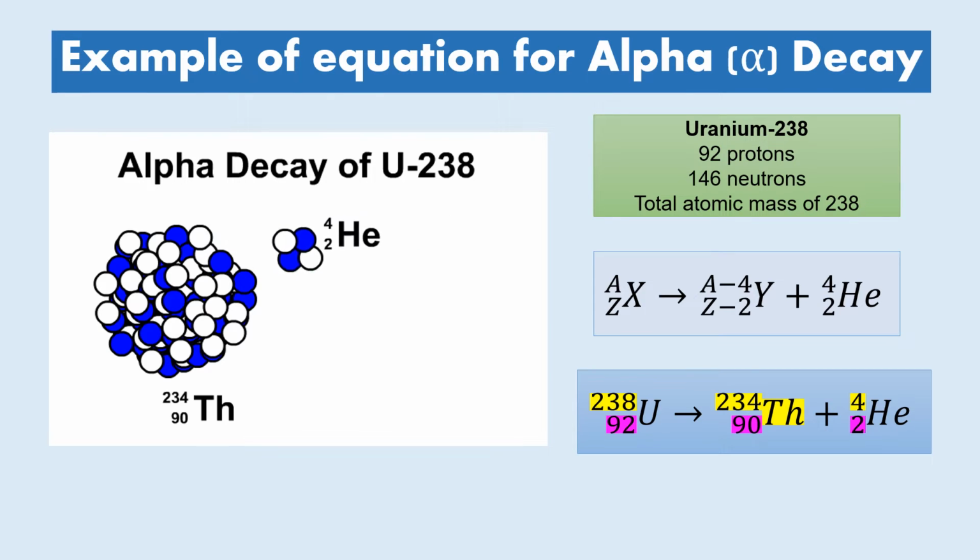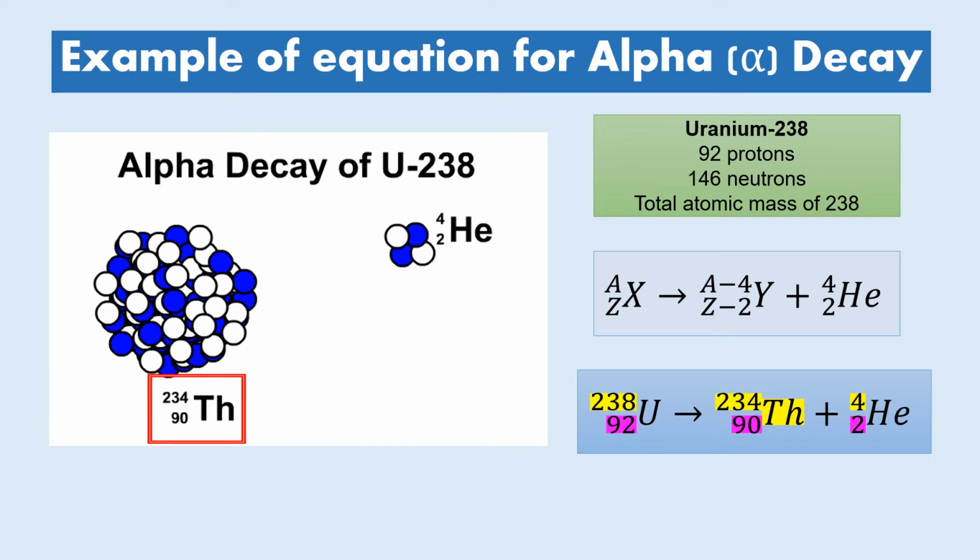Thus, the resulting new element is thorium-234. As you can see, this thorium has 90 protons with the total atomic mass of 234. As the decay happens, the uranium changes to a new element which is thorium-234. So this is the example of alpha decay.